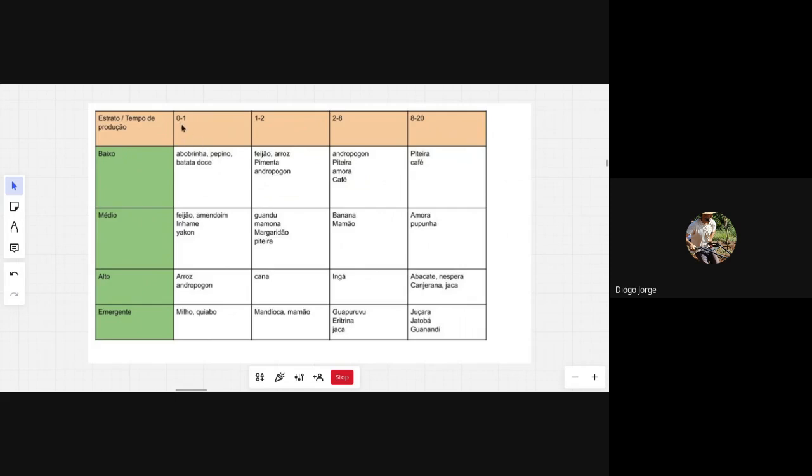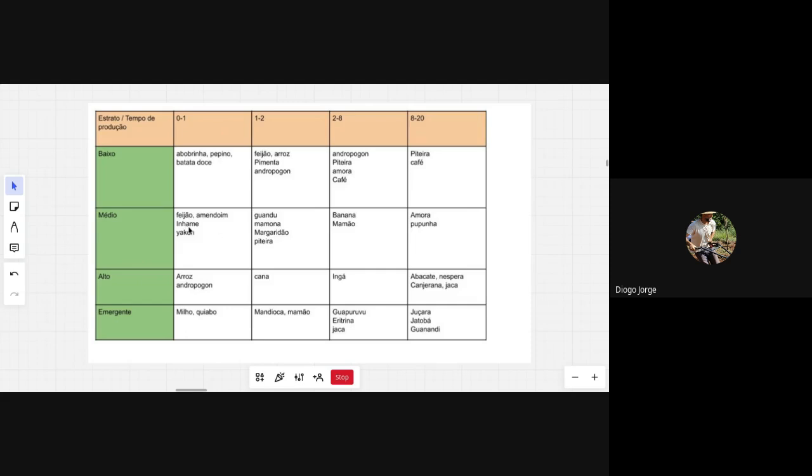So in the first months, I can choose this type of species: sweet potatoes, zucchinis, cucumbers in the low strata. In the medium strata, we can have peanuts, yams. In the high strata, rice, grass, andropogon grass. In the emergent strata, corn, growing up straight.